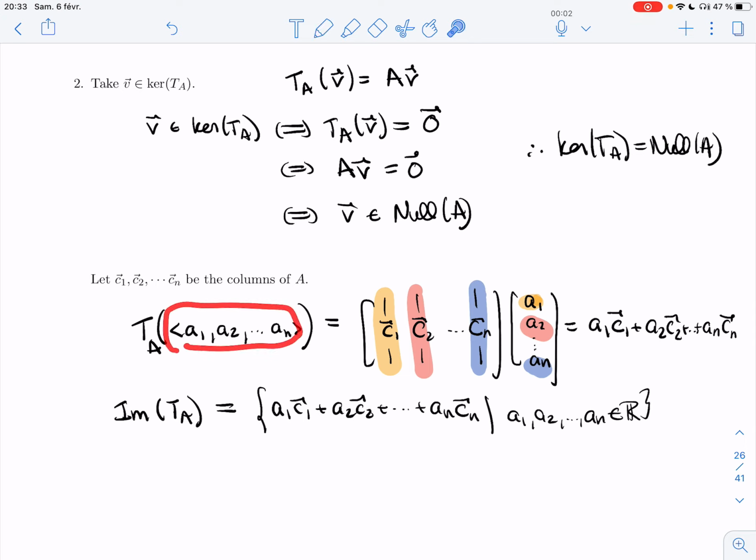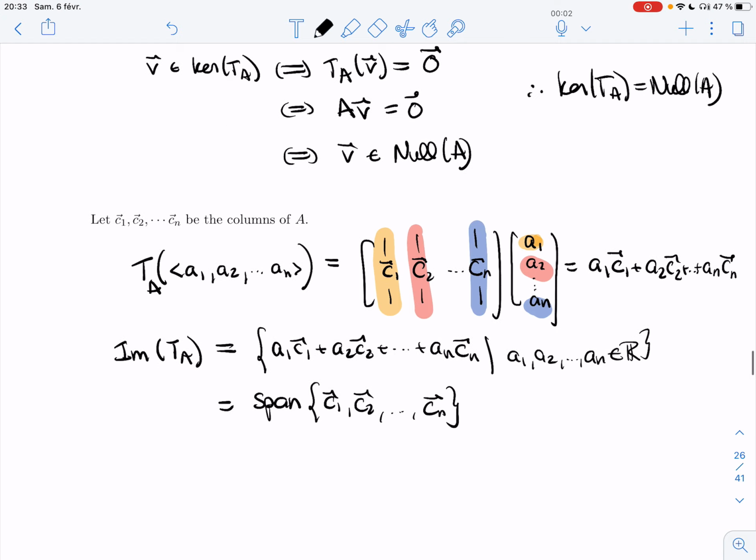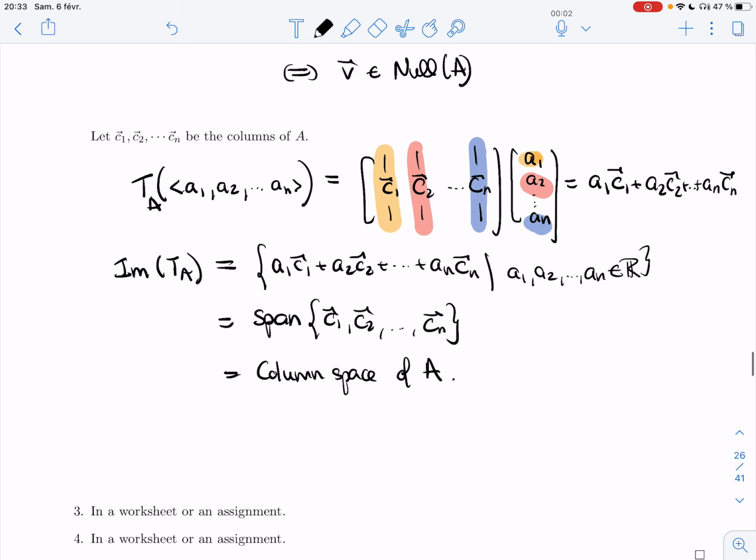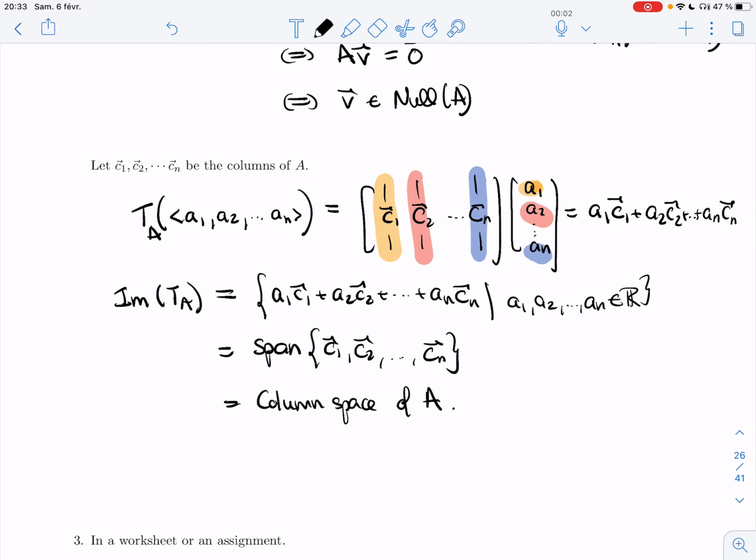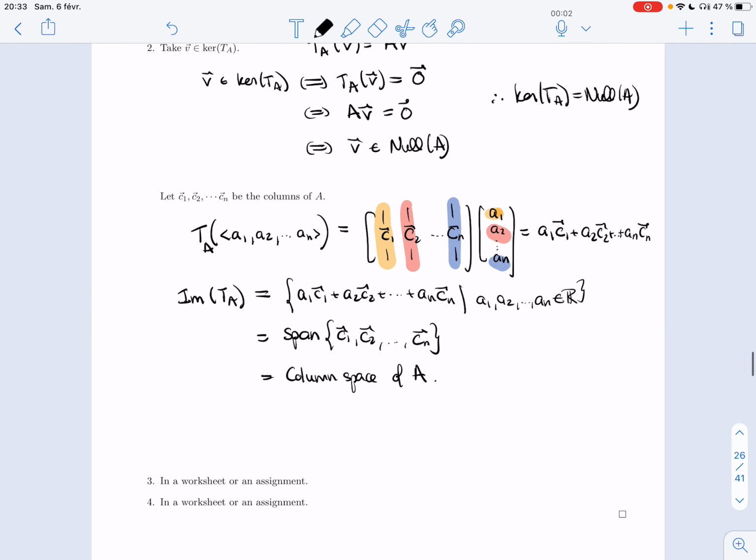I can take any of these, and so for all real numbers, that's exactly the definition of the span of the vectors c_1, c_2, up to c_n, the span of the columns. That's exactly the column space. That's the definition of the column space. All right, and like I said, 3 and 4 will be on a worksheet or an assignment.